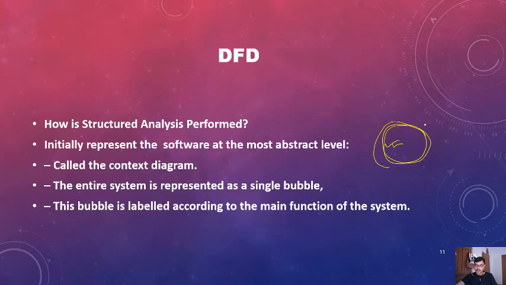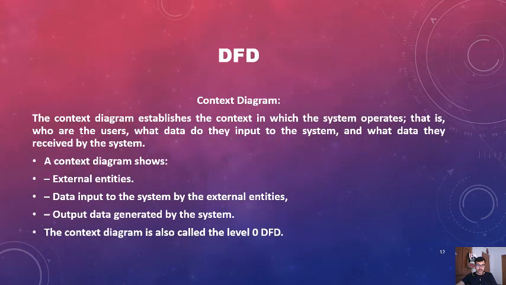So what is a context diagram? To develop the data flow model of a system, first the most abstract representation of the problem is worked out. This type of representation is called context diagram. After developing the context diagram, or zero level diagram, the higher level DFDs are developed.